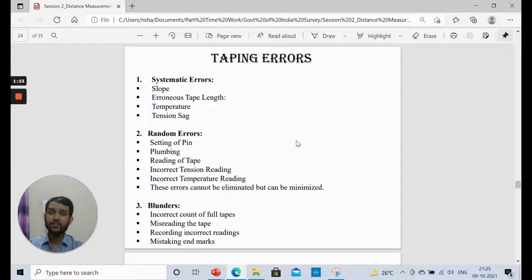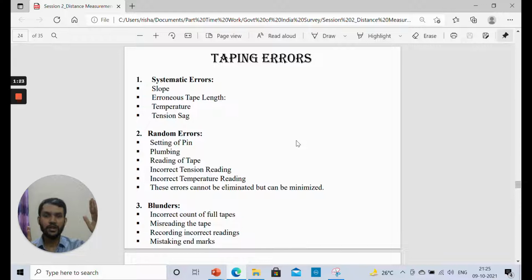The first one you can see here is for slope. The error may come for slope. Suppose we require to find the horizontal distance between 2 points, and those 2 points which we were thinking are on perfectly leveled ground were on a sloping ground. So the distance which we have recorded between these 2 points, which is now inclined, is 30 meters.